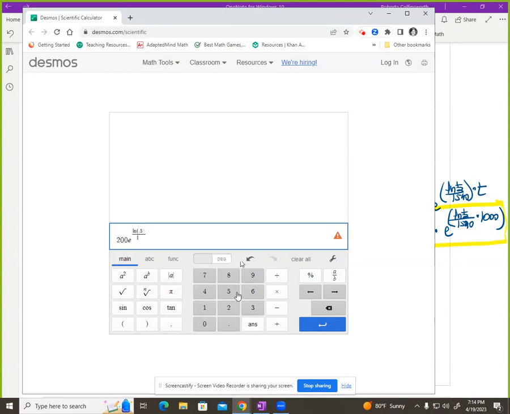Divided by 1590. And then up here I need to multiply that. Times 1,000. So 129.33 milligrams is what's left after 1,000 years.